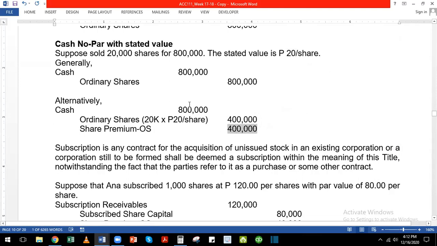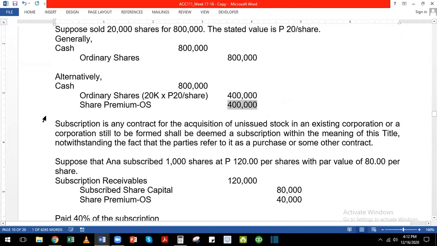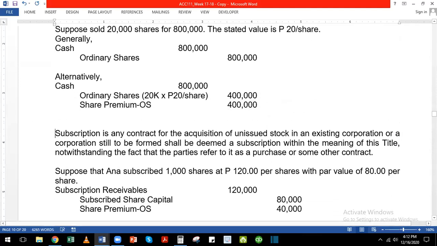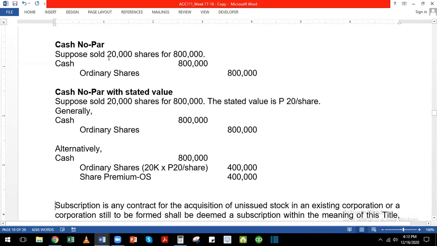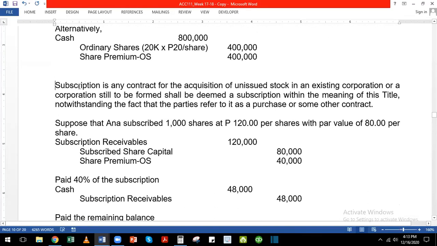Ayan. Okay. So now, we're done with the par value. Ayan. We're done also with no par value. How about if it is subscription? Okay. Kasi nga, tinatawag din siyang receivable.